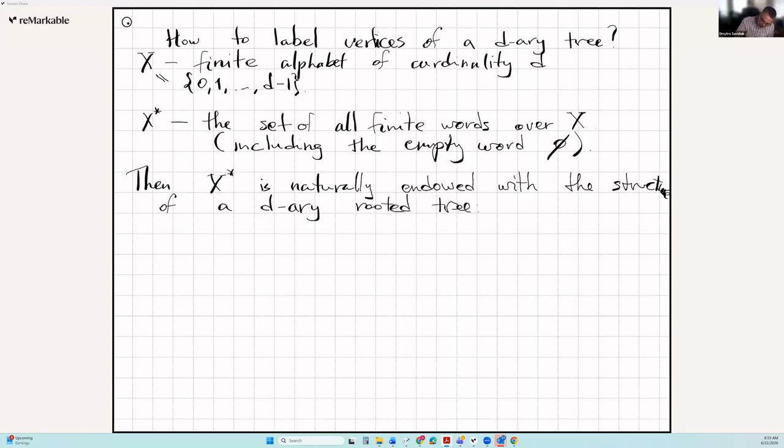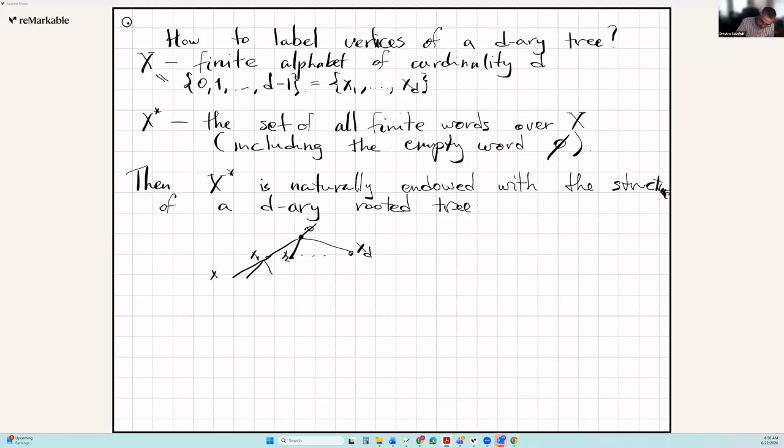In the following way: the root will correspond to the empty word, and then, in general, let's say X is equal to x1 up to xd, right? So this is our alphabet. Then the vertices of the first level are labeled by x1, x2, and so on up to xd, so by the words of length 1. The vertices of the second level are labeled by the words of length 2.